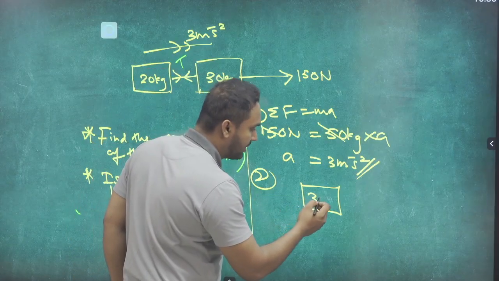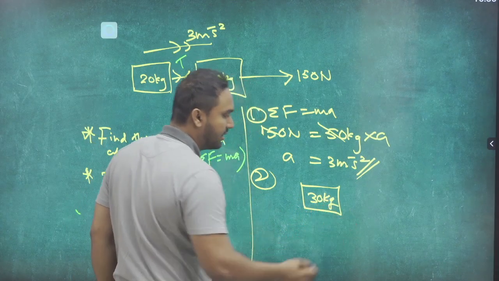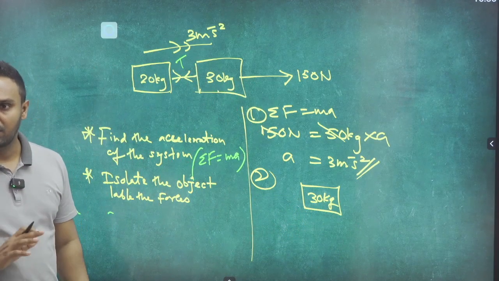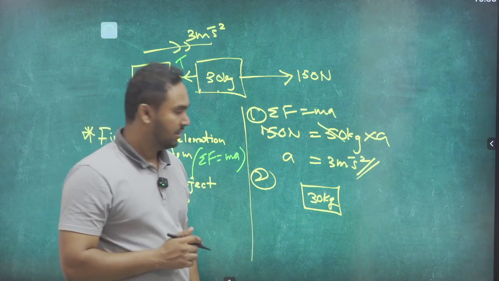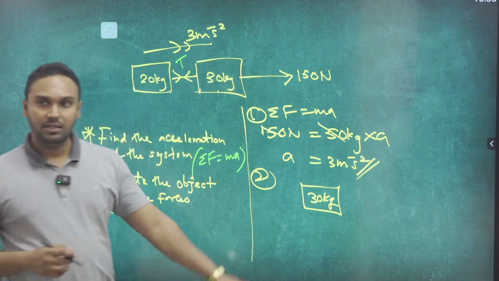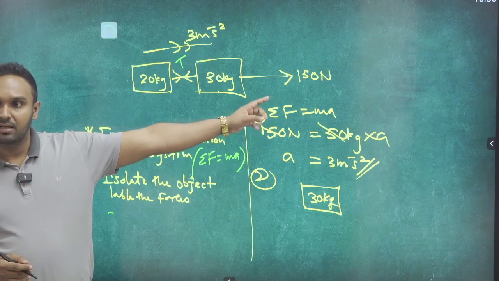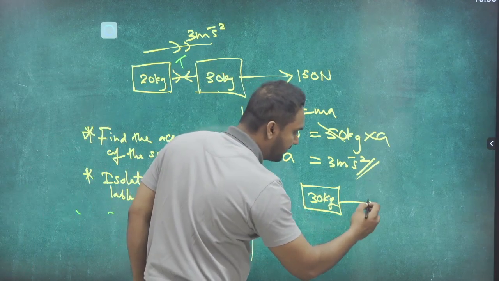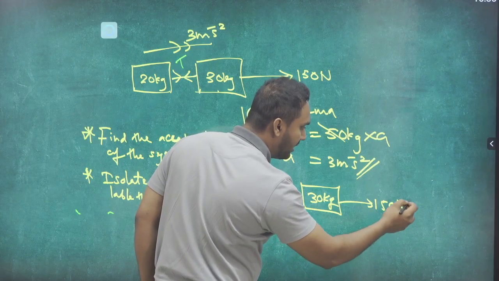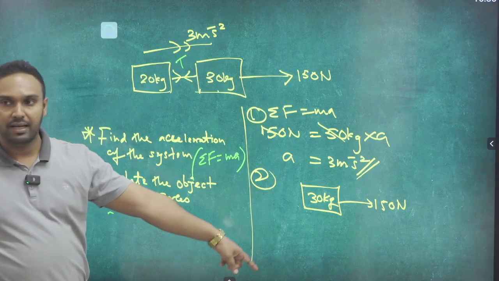So tell me now, what are the forces acting on the 30 kilogram mass? Only on the 30 kilogram mass, right? So what are the forces acting here? Is 150 newtons of force acting on the 30 kilograms of mass? Yes. So 150 newtons is there. Now don't worry about the weight and the reaction.